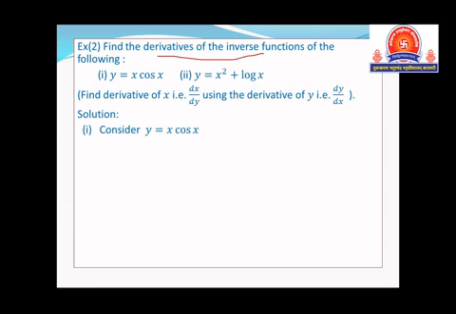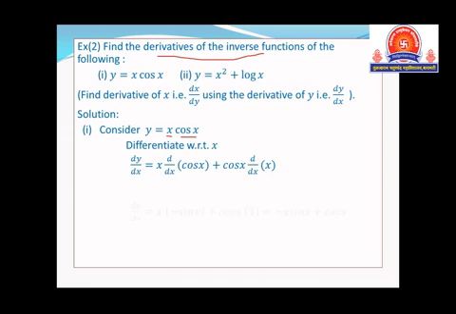So first consider the given function y is equal to x cos x. Here the multiplication of two function is there. So first function is x, second function is cos x. So multiplication, differentiate it with respect to x. So we get that first function x take as it is, derivative of second function cos x, plus cos x as it is, derivative of second function x.